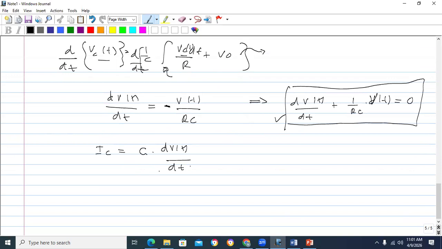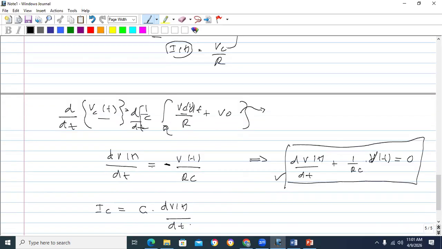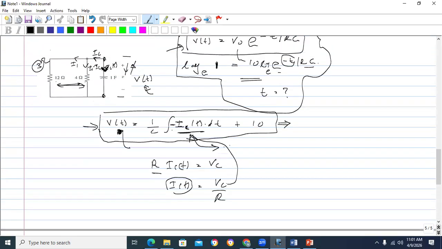This is the current IC. And the voltage is Vt, the voltage in this way.